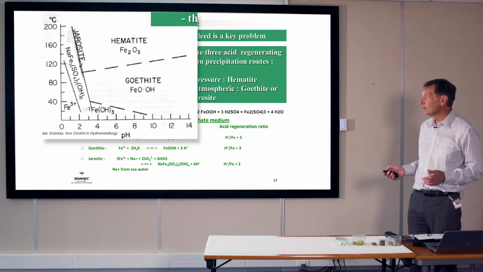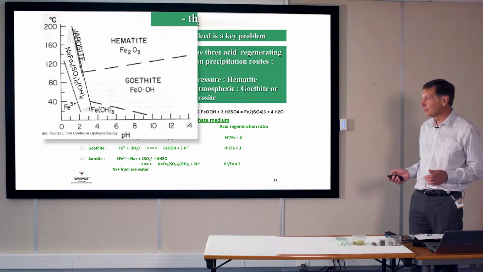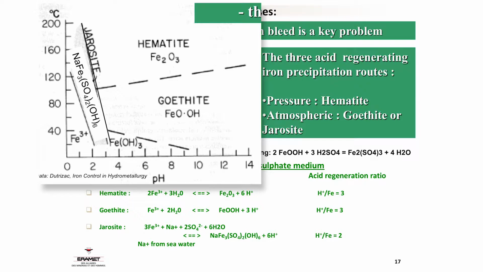Jarosite is a mixed sodium iron sulfate. If you increase the pH and decrease the acidity, you get three different kinds of iron minerals. At a rather low temperature, you precipitate iron oxide. At 80 degrees, you precipitate goethite, and at high temperature, you precipitate hematite, iron oxide.